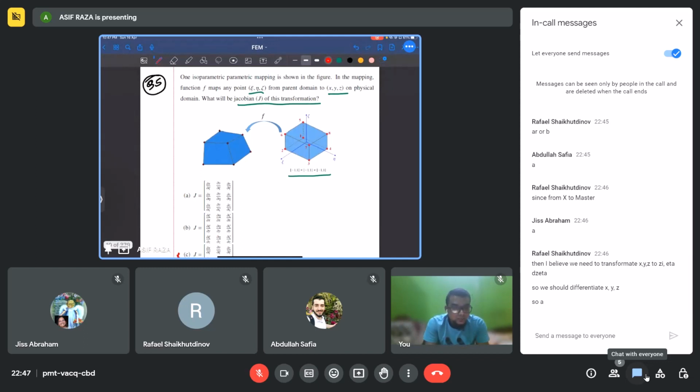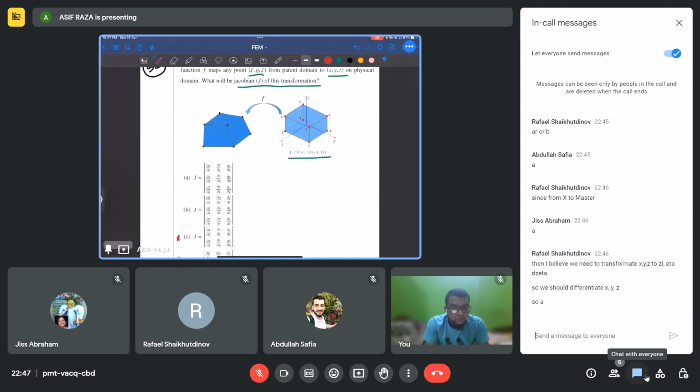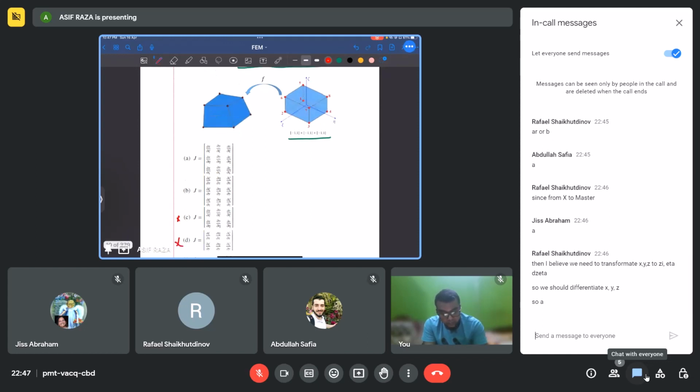So x, y, z to xi, eta, zeta, we should differentiate. In this, everyone is agreeing that option A is the correct answer, but we should see why it is the correct answer.